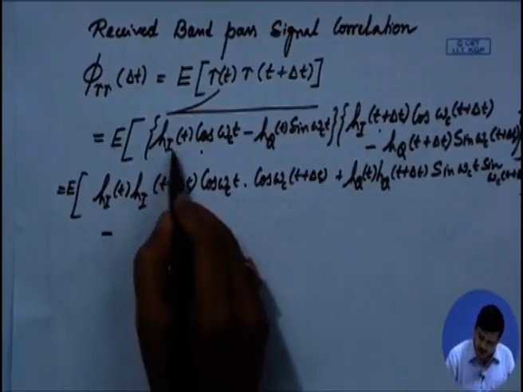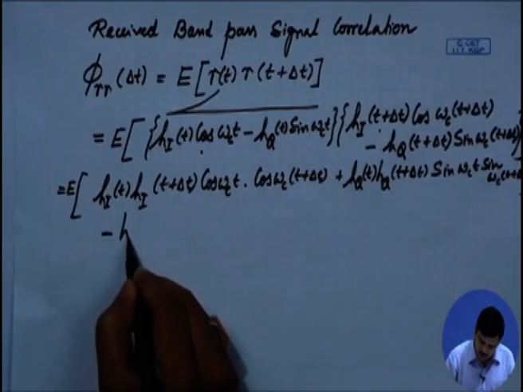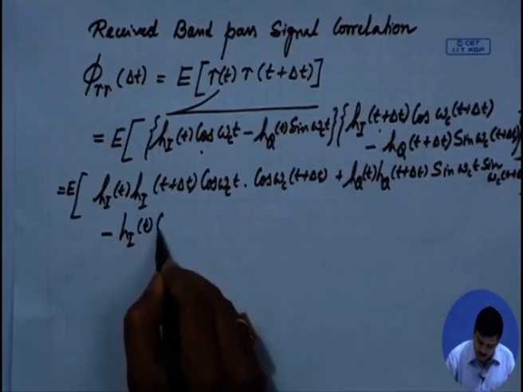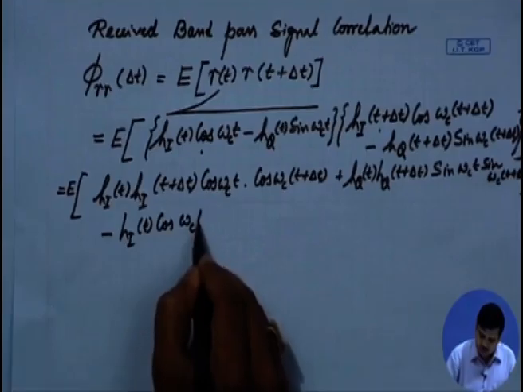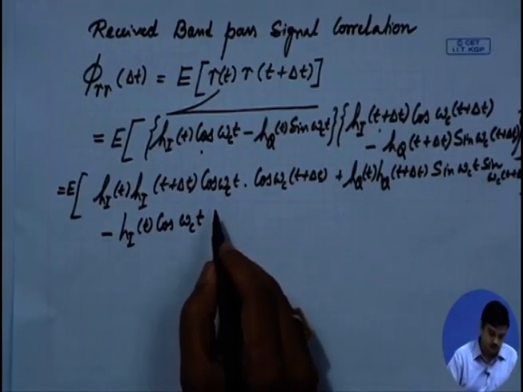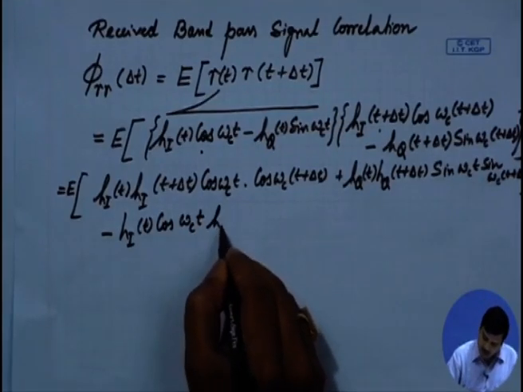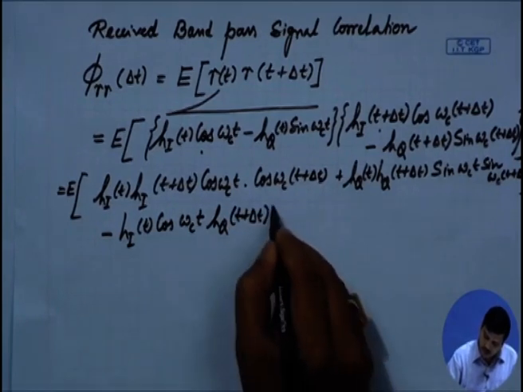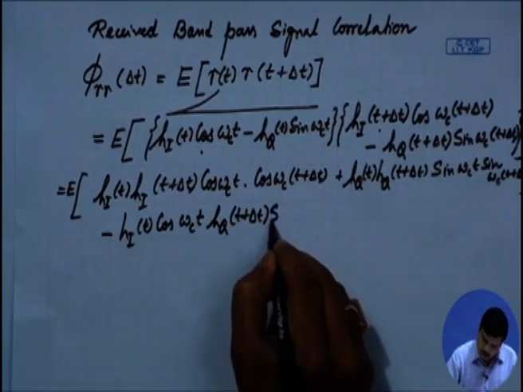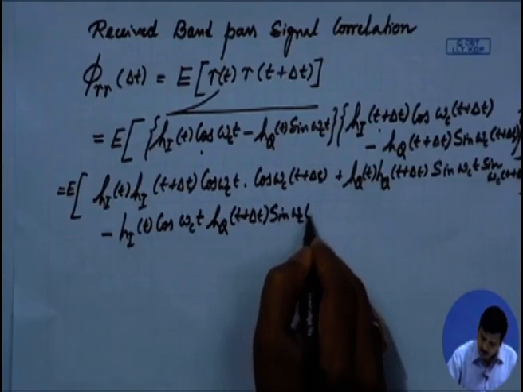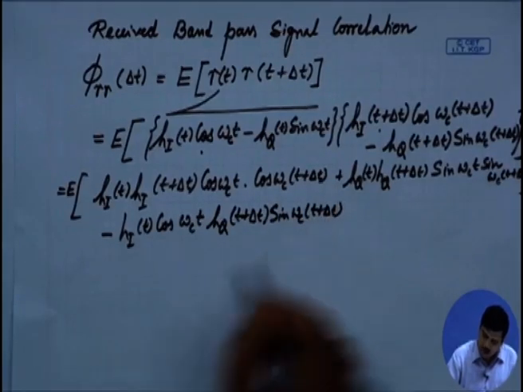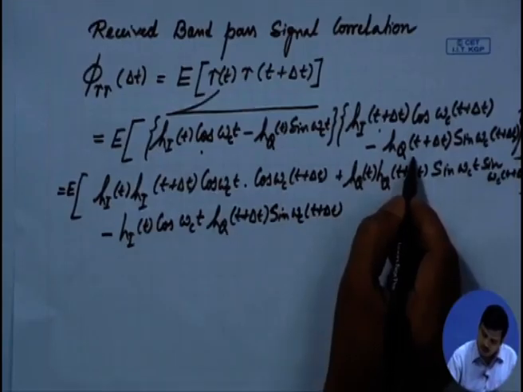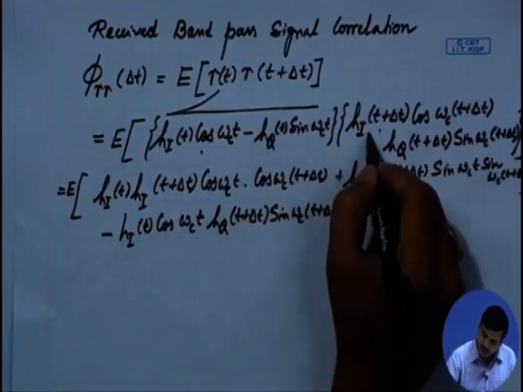Next we have h I, h q terms, h I of t cos of omega c t, h q of t plus delta t sine of omega c t plus delta t. This product is done. Now we will be doing h q h I, this term.